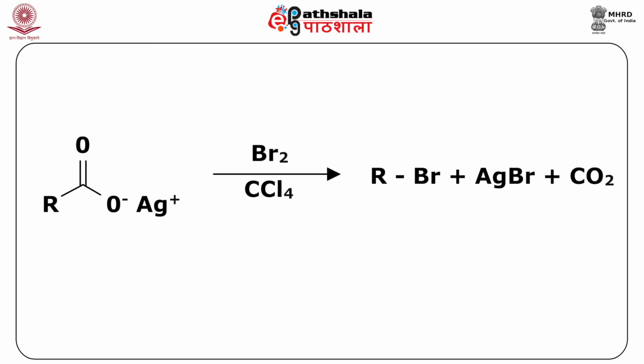In this reaction, homolysis of the carbon-carbon bond takes place and it follows the radical chain mechanism. As can be seen, the silver salt of the carboxylic acid in the presence of bromine in CCl4 leads to the formation of RBr, AgBr and carbon dioxide.